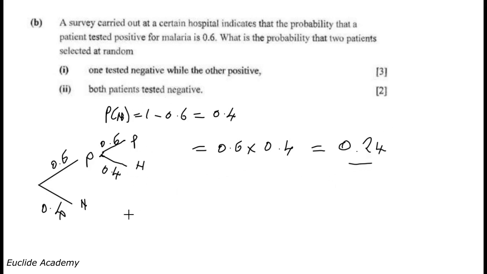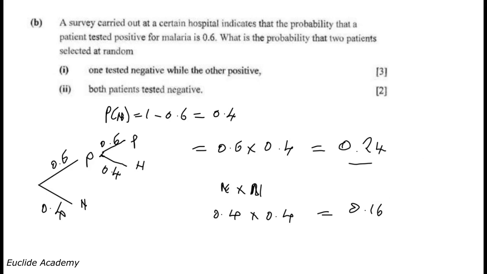Both patients test negative, so negative times negative, as these are independent events. So we should have 0.4 times 0.4, which should give us 0.16, I believe.